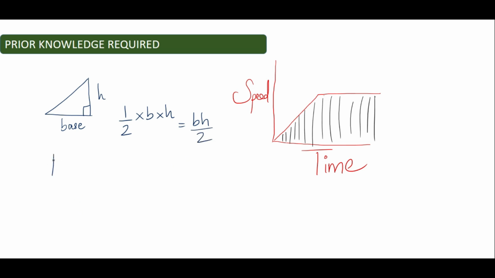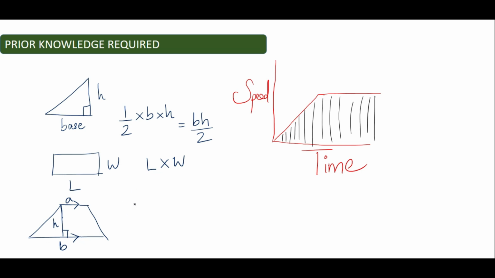The area of a rectangle, which is length times width, and you should know the area of a trapezium. The trapezium has a pair of parallel sides, and the perpendicular distance between these two sides is taken as the height h, and let a and b be the length of these two parallel sides.